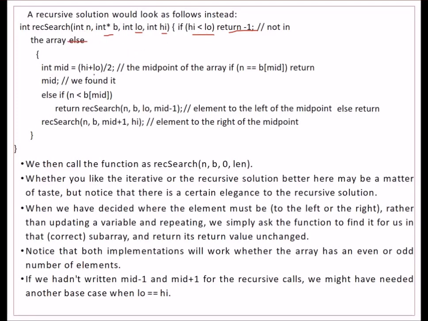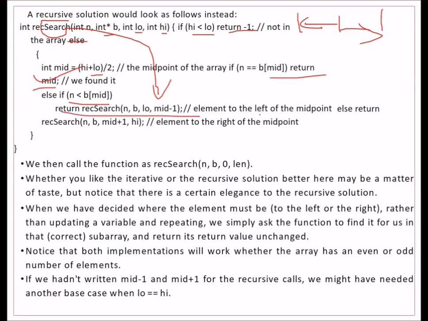Else we do the same thing. Mid is high plus low by 2, and we return mid. We found it. Else, depending on which side, we call this recursive search again with low and mid minus 1, the element to the left of the midpoint, or mid plus 1 and high, the element to the right of the midpoint.